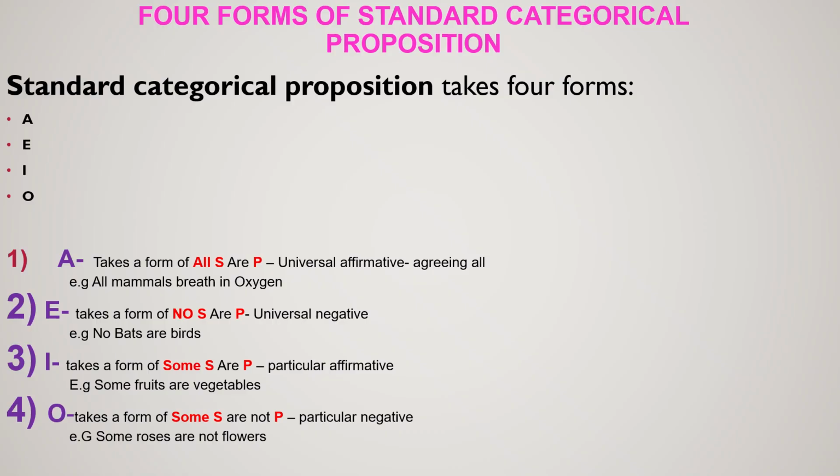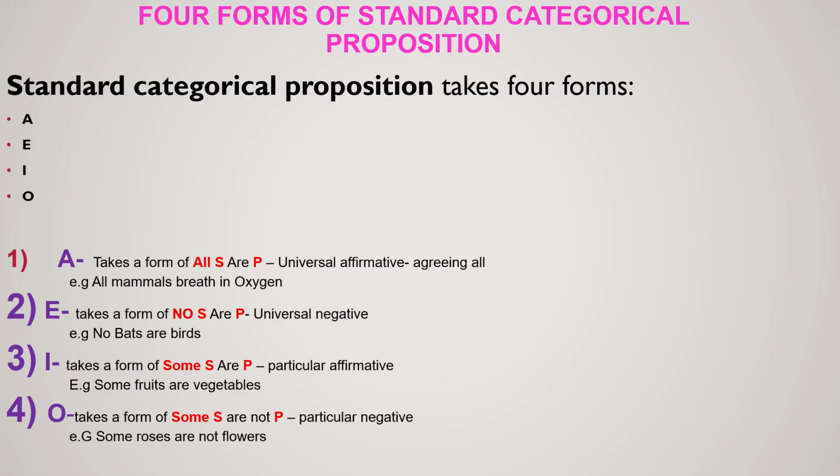Just as how we measure distance in kilometers, meters, or other SI units, when it comes to formation of propositions, there are several forms that propositions or premises can take in an argument. And when it comes to standard categorical propositions, they can only take four forms, which are denoted with the letters A, E, I, and O.